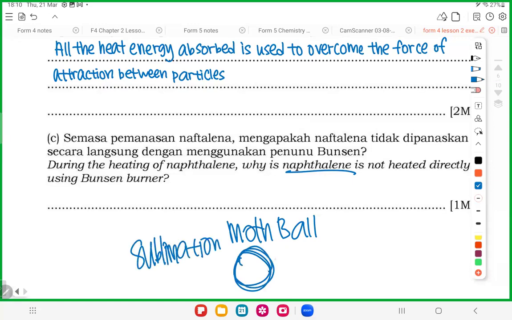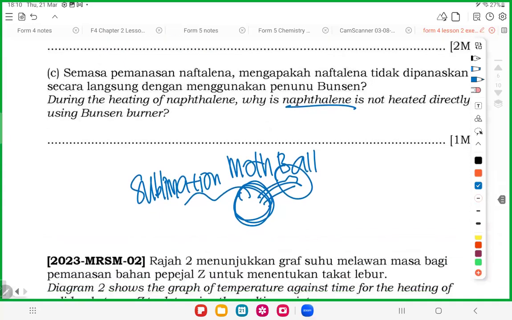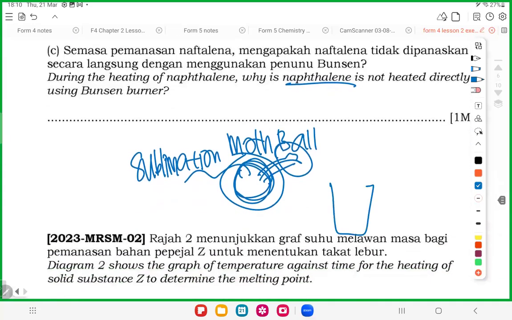When solid naphthalene sublimes, it releases gas with a smell that cockroaches and insects don't like. So mothball, or naphthalene, can help us get rid of cockroaches.